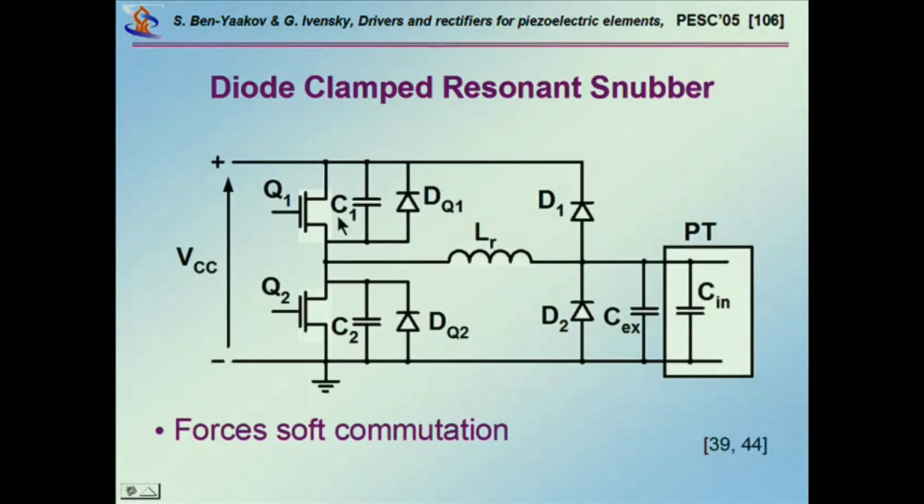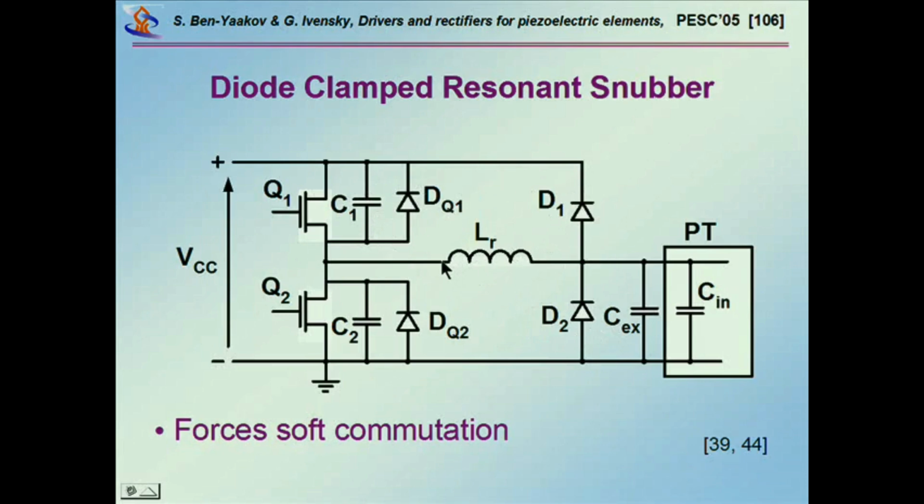The disadvantage is, of course, that in this scheme, during the clamp time, there is a circulating current here, so you lose some efficiency. So you have to be careful not to build up too high a current so that these losses will not be high.